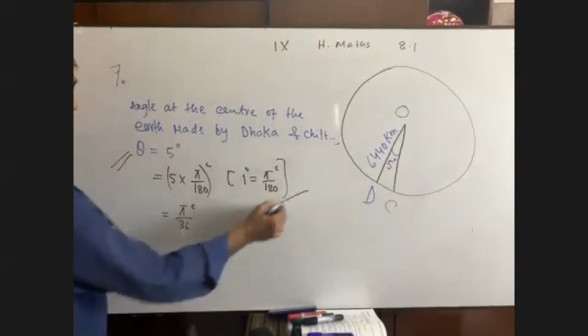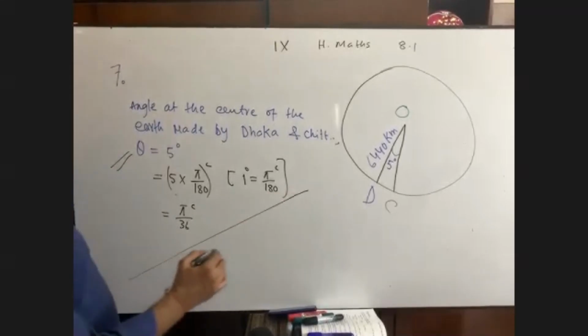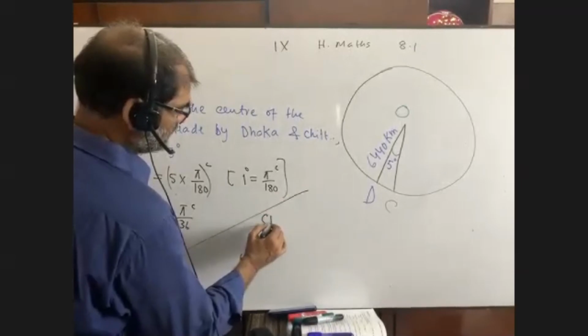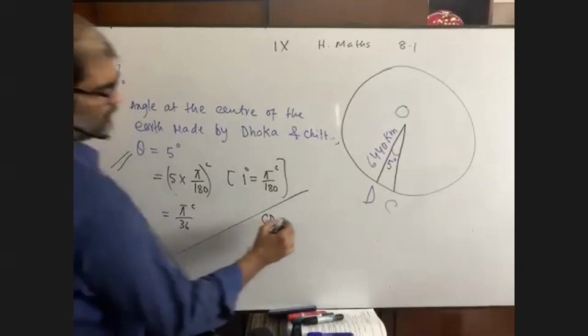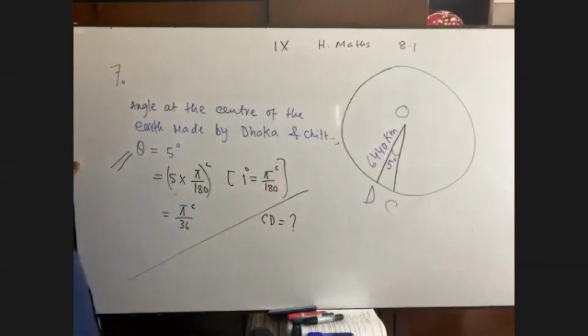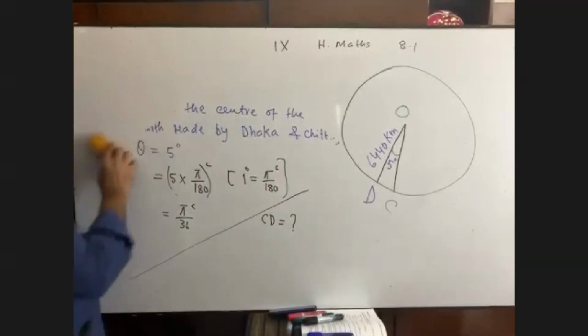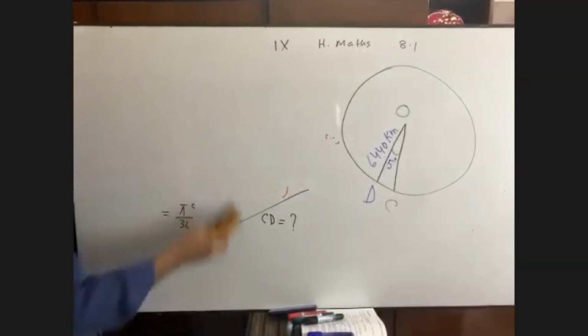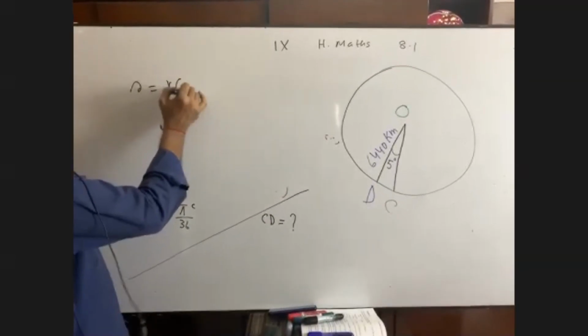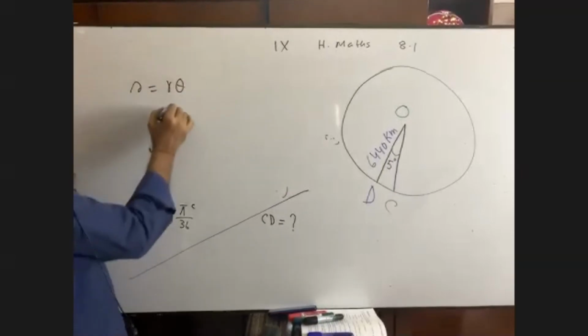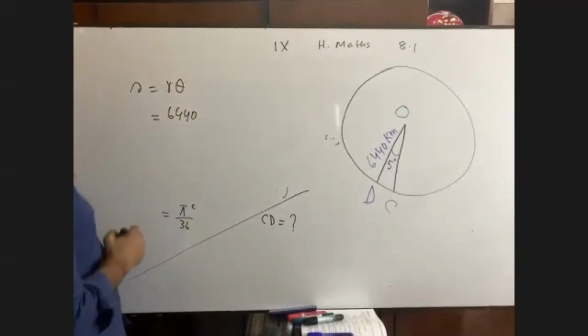Now, what is to find here? We have to find the distance between Dhaka and Chittagong. So we can write, we know S equals R theta. What is R? 6440 kilometer.